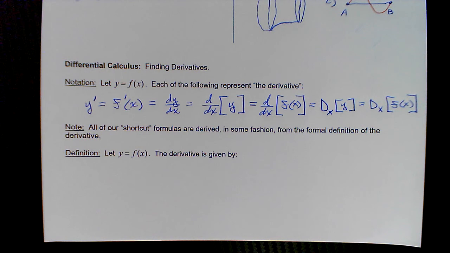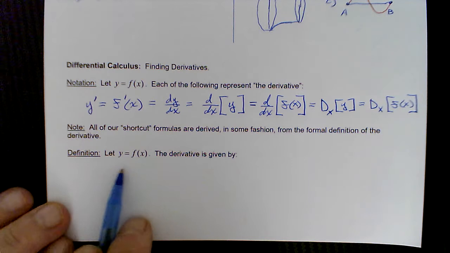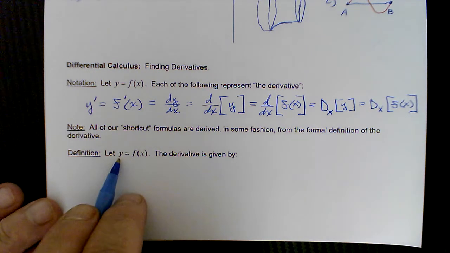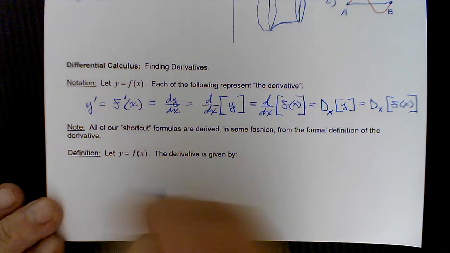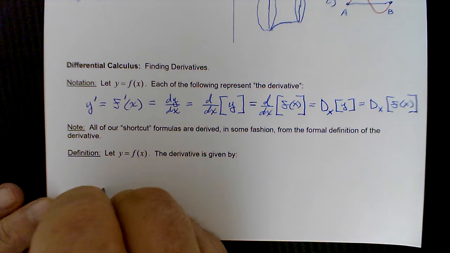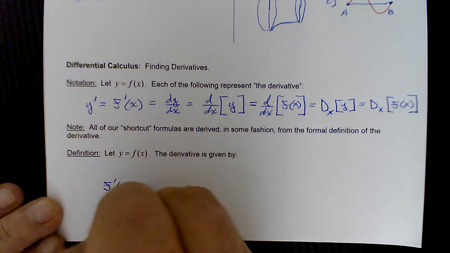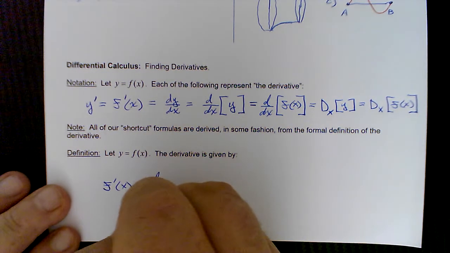And as you know, we have shortcut formulas that are all derived in some way from the formal definition of the derivative. And again, I wanted us to write this out. So if y is f of x, the derivative is given by, let's say, f prime of x. And you'll recall this from Calculus 1. We take the limit.